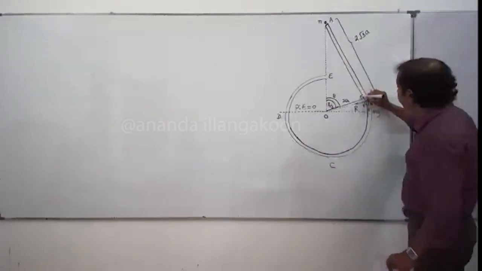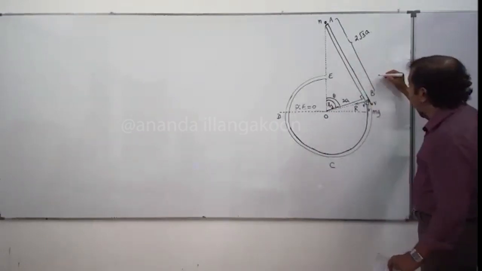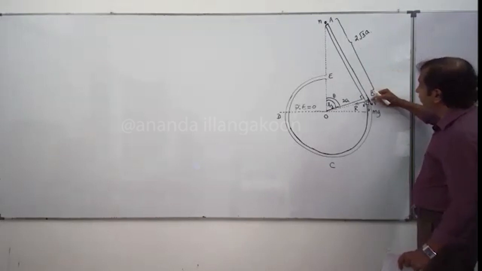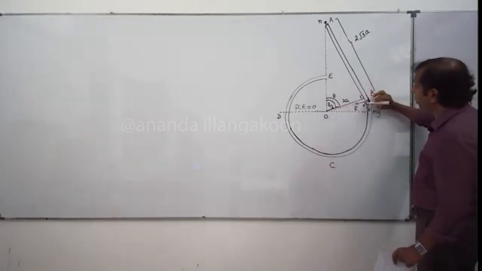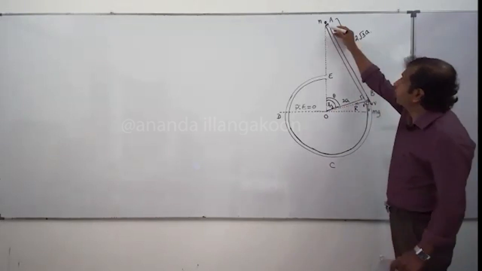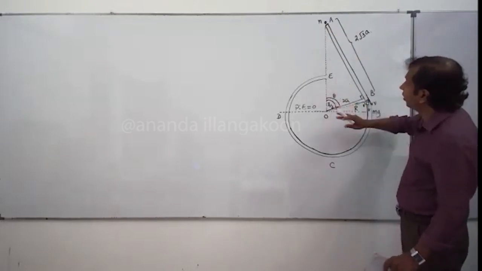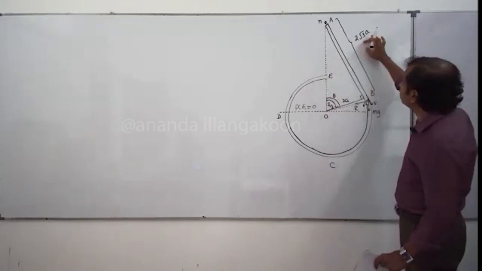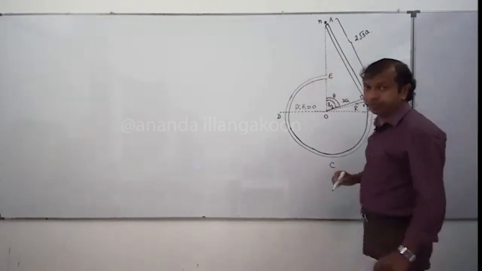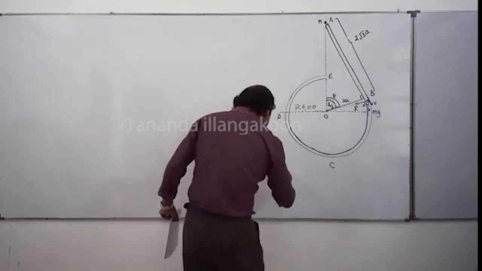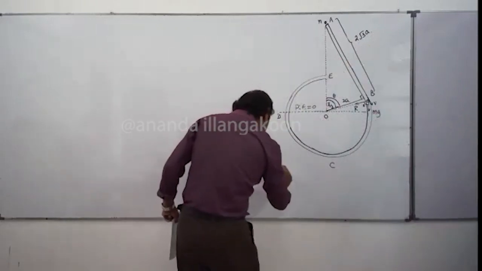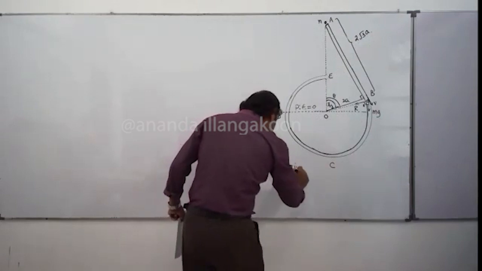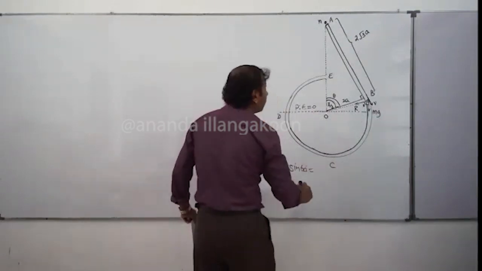The straight part AB of the tube is tangent to this circle. Tangent means that line is perpendicular to the radius at that point. So now you can write this height: OA sine 60, where this is 2 root 3a, because here it is 90.